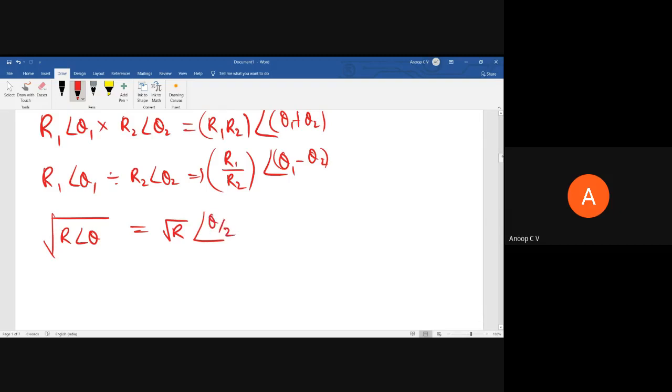In fact, the nth root of r angle theta will be the nth root of the magnitude, angle theta by n. Or else r angle theta to the power n will be r power n, and angle n times theta.